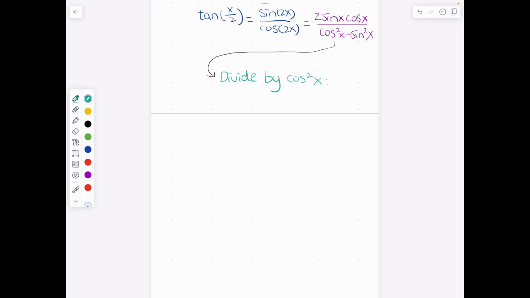I mean to divide this on both the numerator and denominator. All right.